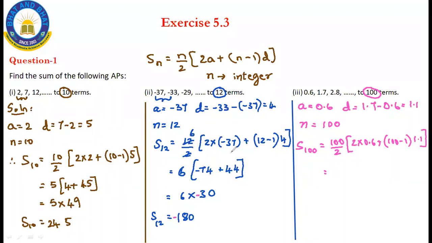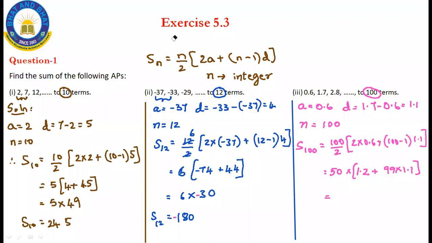Shashank has got it as 0.6. Niharika 5505. Siddhant 5505. So what will be the answer to this? 50. So 2 into 0.6 is 1.2. 100 minus 1 is 99. So 99 into 1.1. So this will come down to, what is the answer to this?